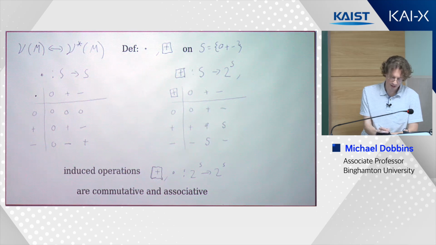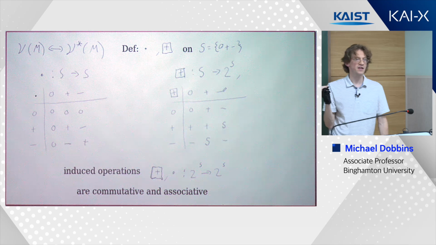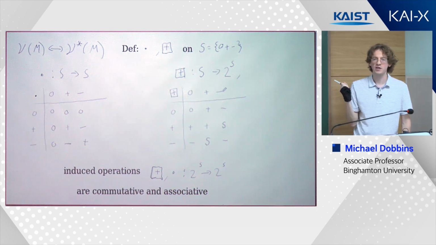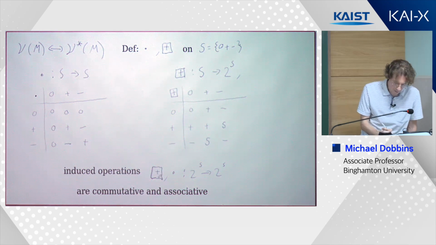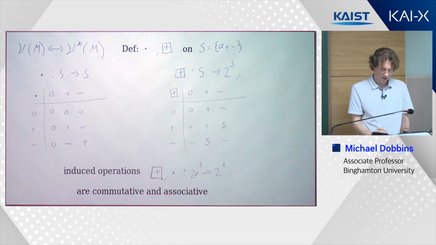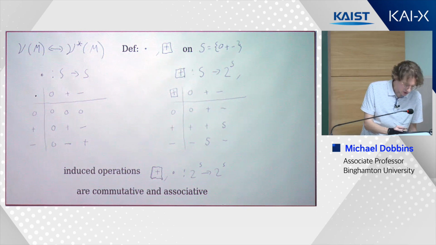If you add two positive numbers, it's positive, or two negative, it's negative. But if you add a positive and a negative, you don't know whether you're going to get positive, 0 or negative, so we define the output as the set of all three. This gives us an induced operation on sets of signs to sets of signs, and that operation will be commutative and associative.